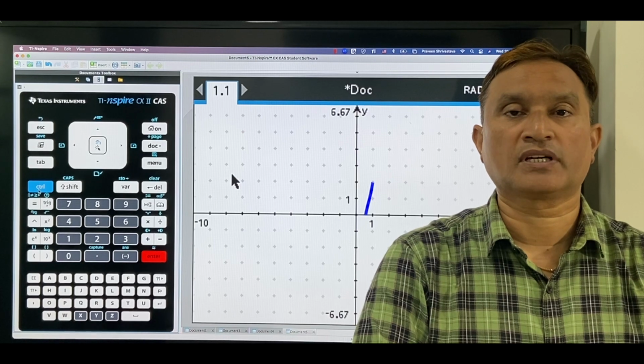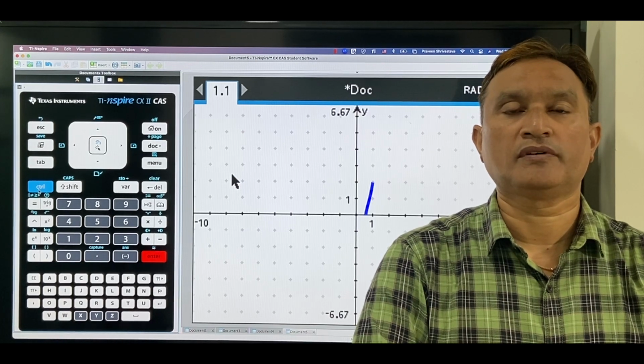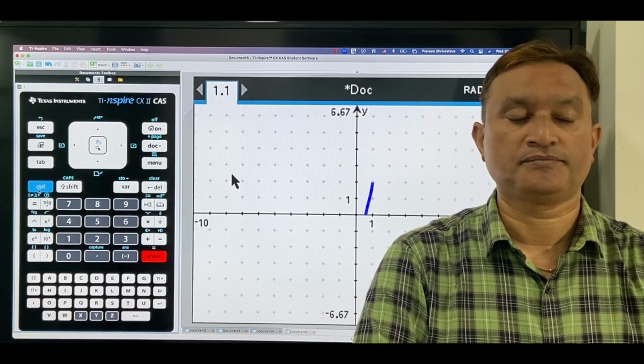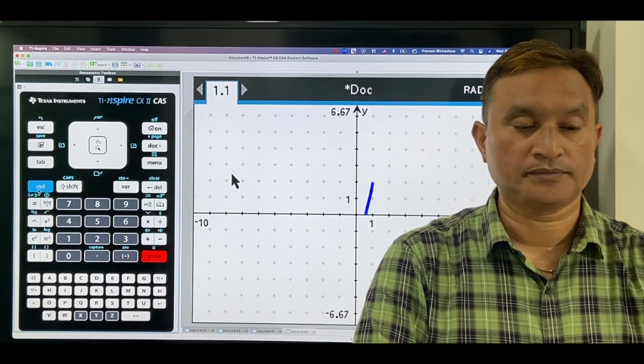So this would be the graph of function. Now we will make the graph of derivative and second derivative.